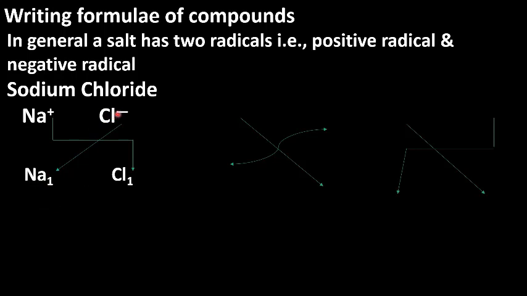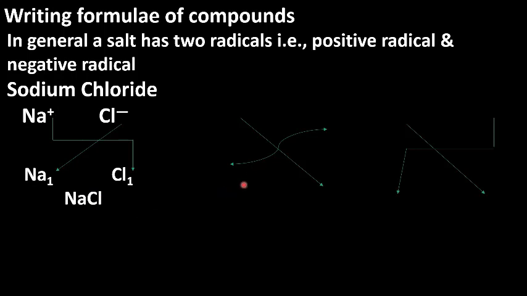So this 1 unit should be written here as a subscript, and Na plus has 1 unit of charge and Cl1. Please keep this point in mind. While exchanging the charges, you have to take only the magnitude but not the type of charge, whether it is positive or negative. See here, since the charges are the same, simply we write NaCl. So the sodium chloride formula is NaCl.